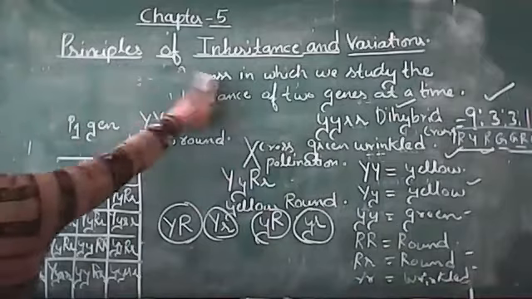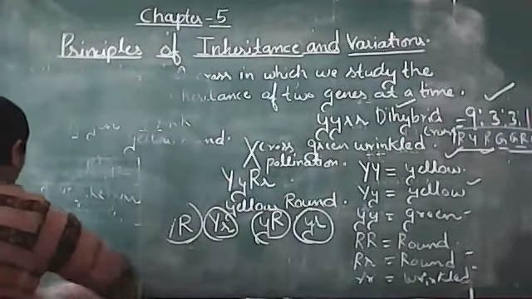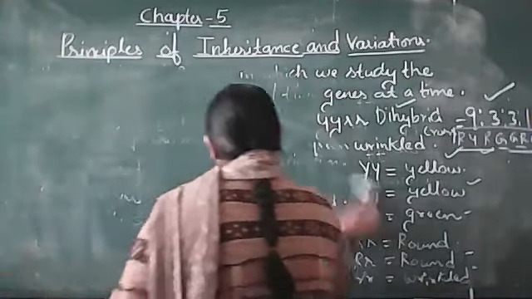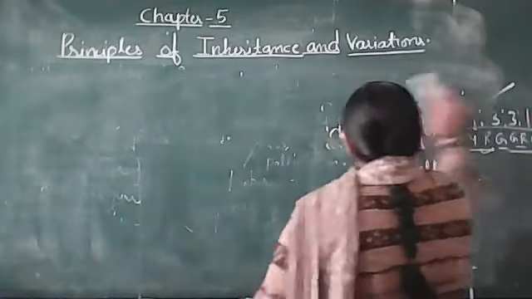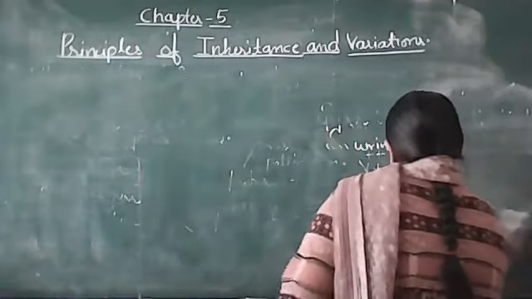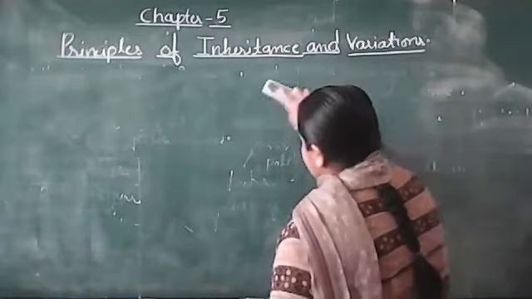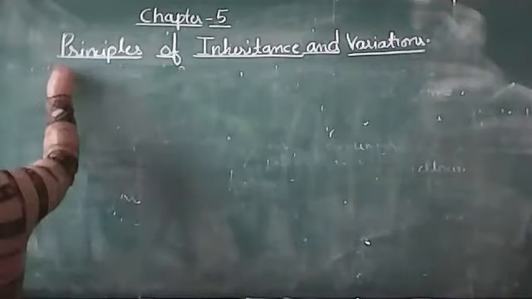After the dihybrid cross, I am going to tell you about a special type of cross by which you can easily find out the makeup, or you can say the genotype, of the F1 offspring, whether it is homozygous or heterozygous. And that cross is known as a test cross.